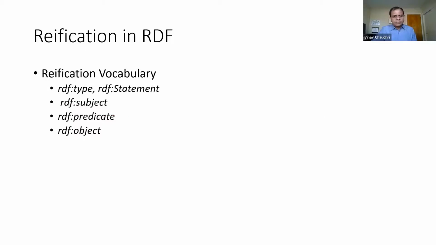For reification, there are 4 new predicates that we are going to use: RDF type, RDF subject, RDF predicate, RDF object. I'll show you how they are used in a minute on the next slide. And one new class, called RDF statement. I think their definitions will become clear by their usage.